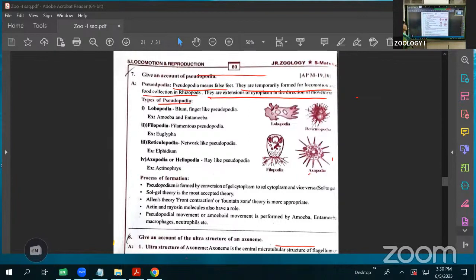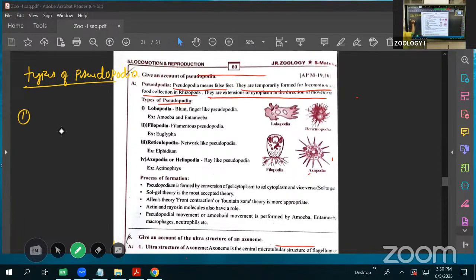I'm writing here, see, types of pseudopodia. Pseudopodia are the temporary cytoplasmic extensions. They are helpful for food collection in the rhizopods. The first type is called lobopodia.